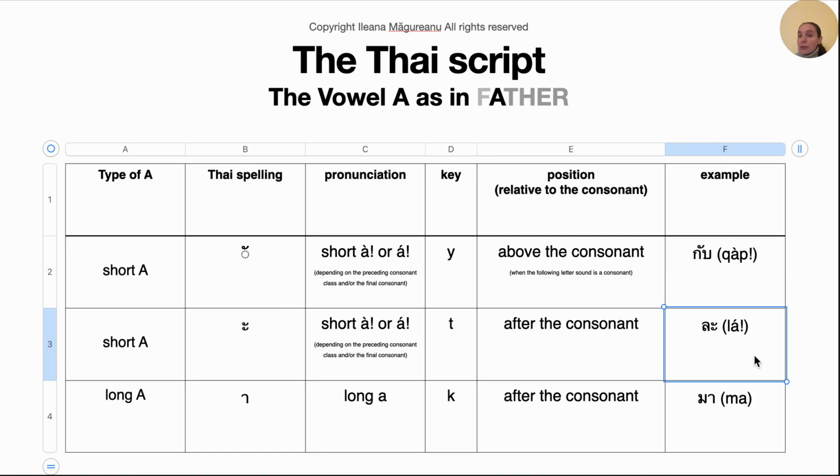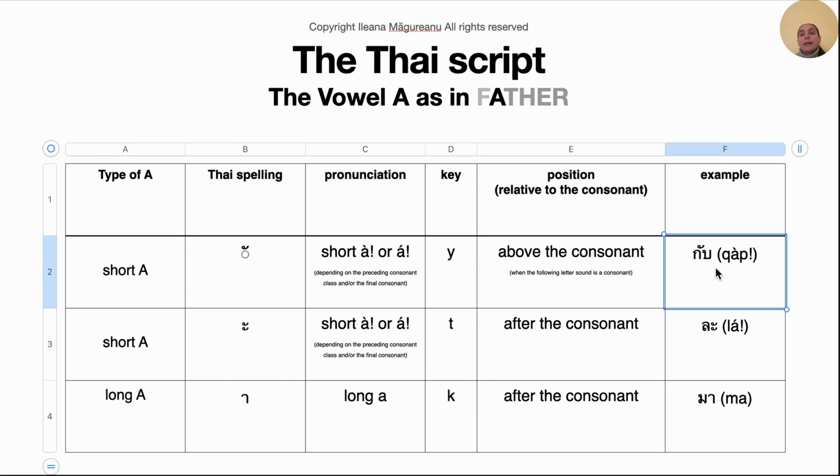How are you supposed to type this particular vowel mark? For the first short a, which is above the consonant, you will need the key Y. And for the second one, you would need a T. Both of them are lowercase.